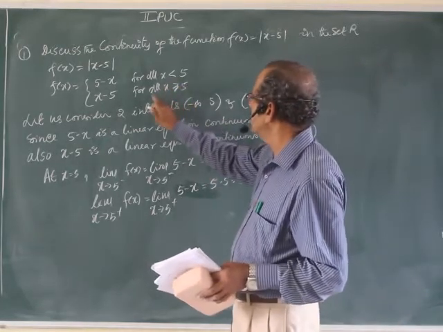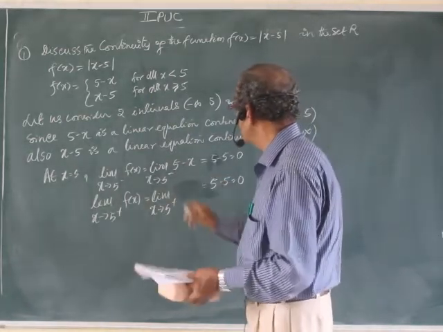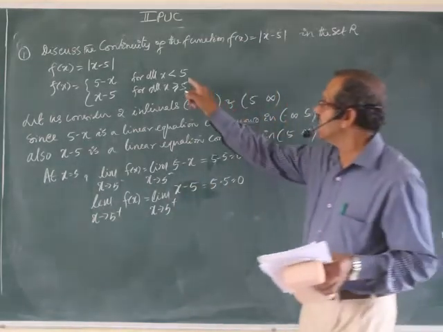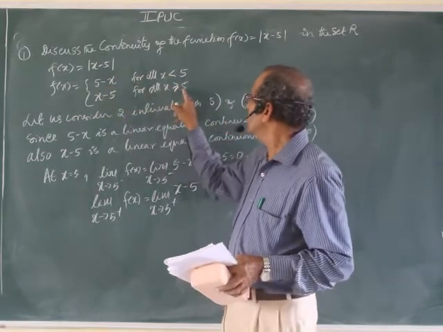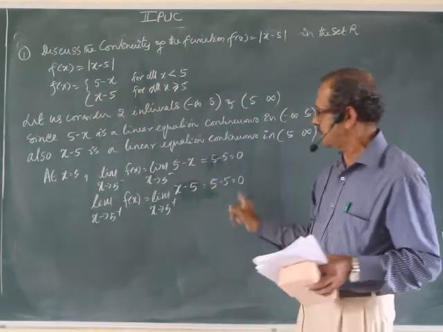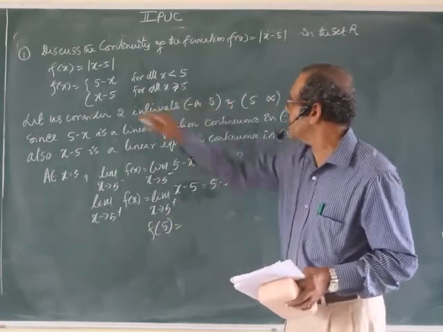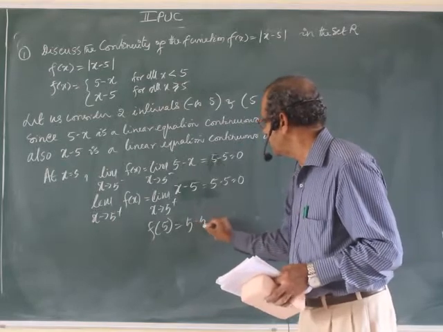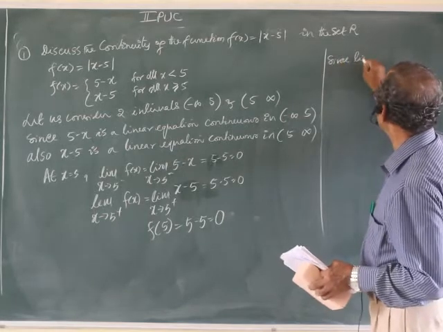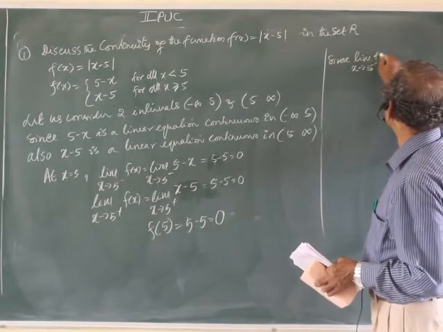For x greater than 5, it is x minus 5, but 5 minus 5 is 0. Approaching 5 from the positive side, this one is the equation. Finally, f of 5, for x greater than or equal to 5, same equation, 5 minus 5, 0.